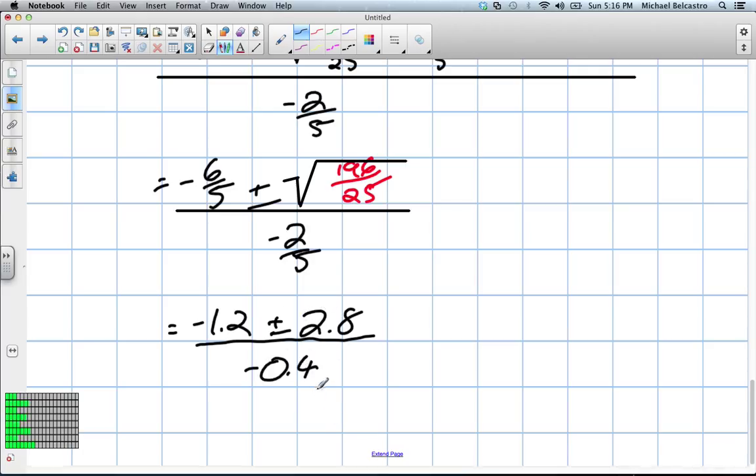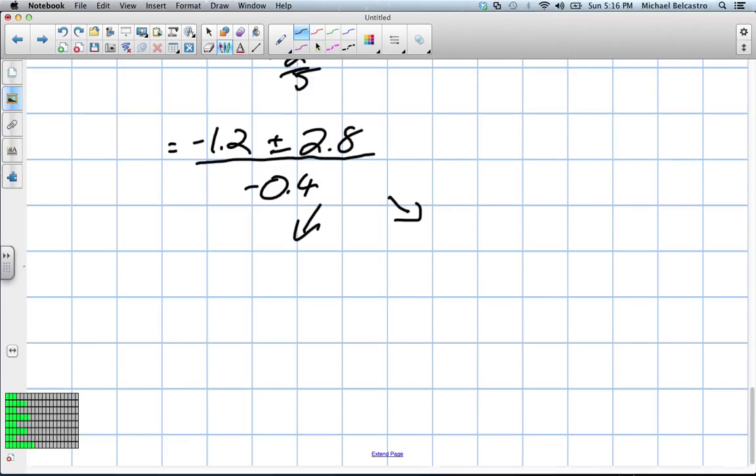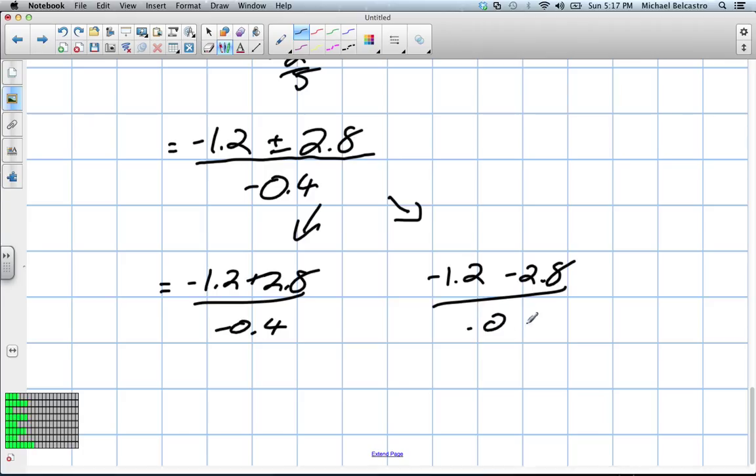Because it's a plus or minus, we have to split it. We're going to get two answers, which makes sense because we're going to have two x-intercepts, because this is a quadratic. So we're going to get negative 1.2 plus 2.8 over negative 0.4, and negative 1.2 minus 2.8 divided by negative 0.4. These will be our two answers.